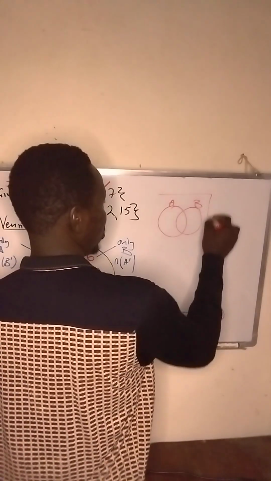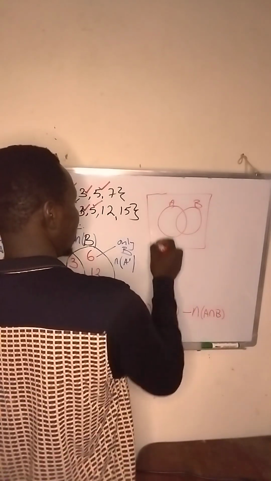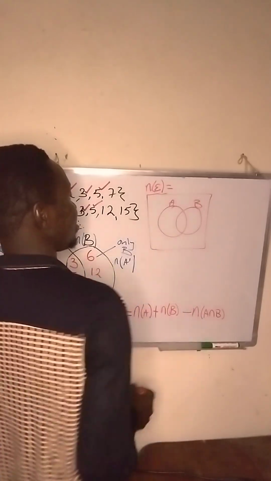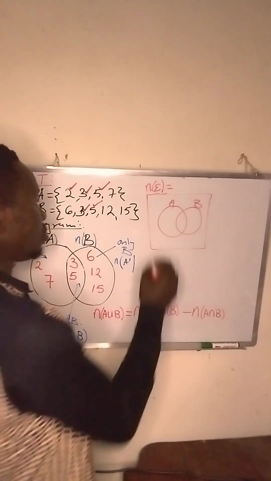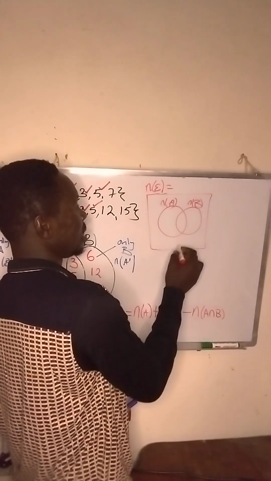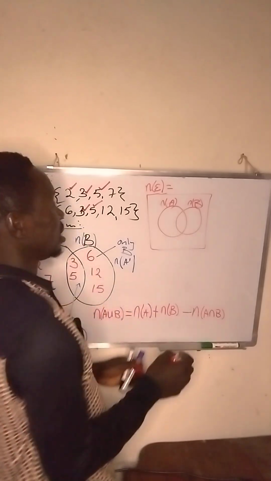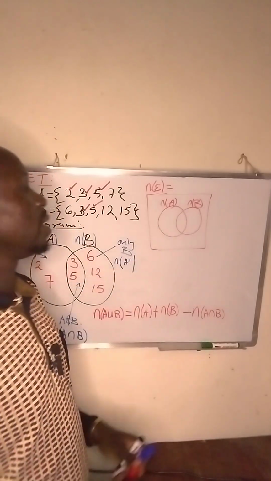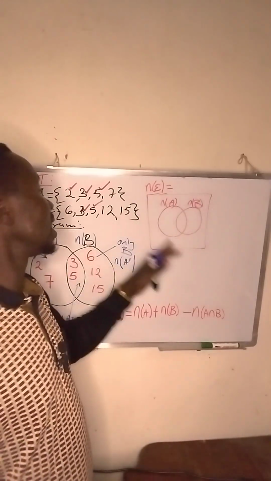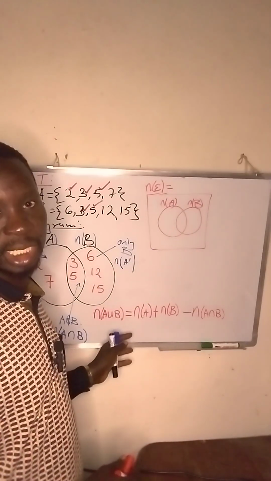Sometimes we use this and we say this is the number of the universal set altogether. Then this one is the number of A, number of B. This is the intersection. This is A only. This is B only. This is how we represent it including the universal part.